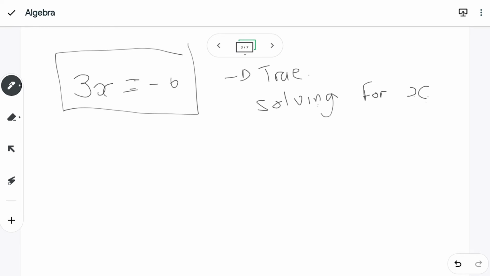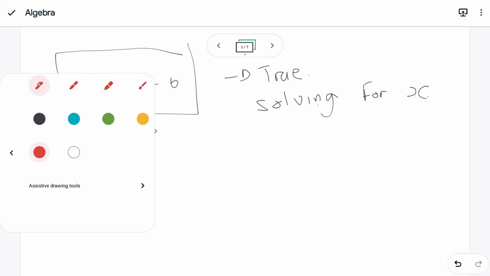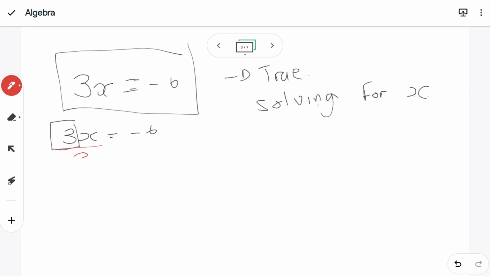How we approach this is we only have one term on the left hand side, but we want x equals something. We don't want anything in front of the x. So what we can do is divide by 3 on both sides.